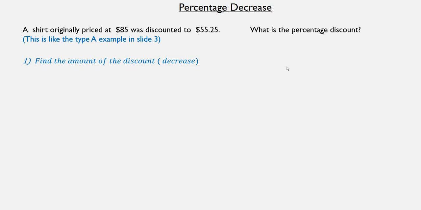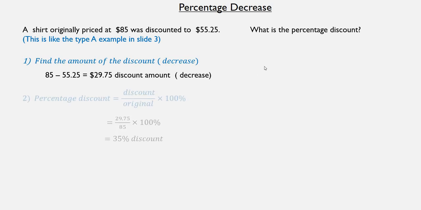So first of all, I need to find the amount of the discount. So it's discounted by $29.75. So my percentage discount is the discounted amount divided by the original amount, which was $85, and times that by 100 and add my percentage sign. So there was a 35% discount.